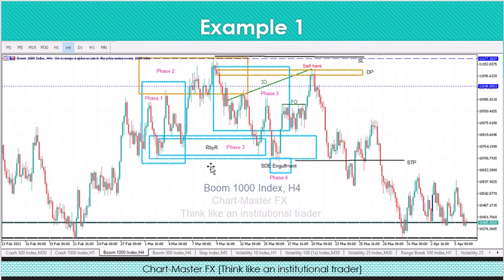So guys, we go now to phase number five. On this one, you can see that there was a slight, insignificant engulfment of the demand. As I told you before, even if it's insignificant, even if it's a significant one, you need to be able to see that this phase is valid. So this is what the market does, guys. This is tricky.